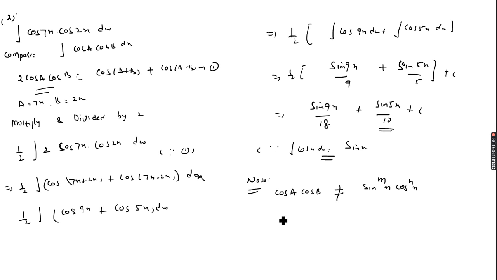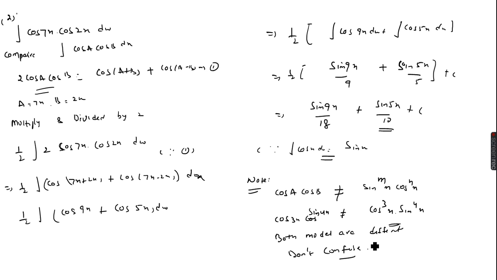Suppose there is cos 2x, cos 3x, sin 4x, it is not equal to cos cubed x into sin power x. So both models are different. Don't confuse them.